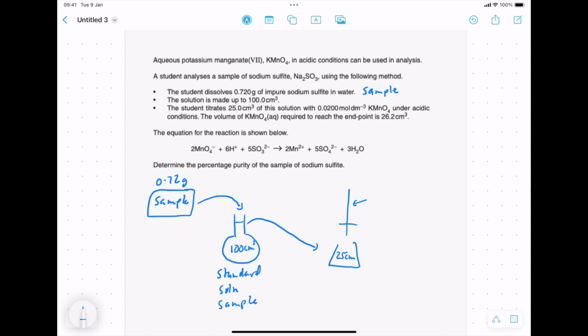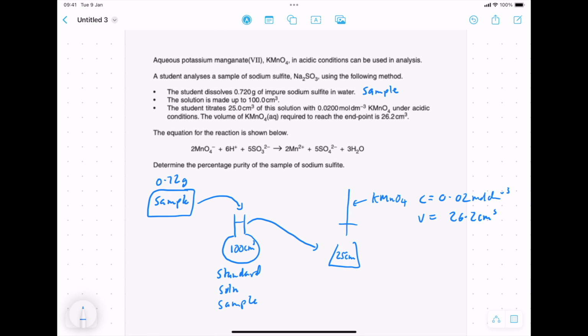So in the burette, we have KMnO4. The volume of KMnO4 required to reach the endpoint is 26.2. So we know that the concentration of it is 0.02 moles per dm cubed, and the volume used in the reaction is 26.2 centimeter cubed.